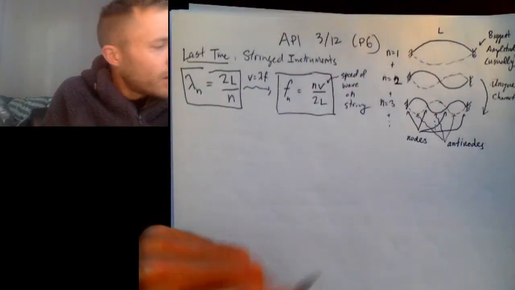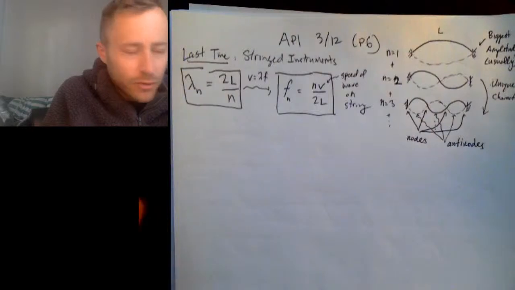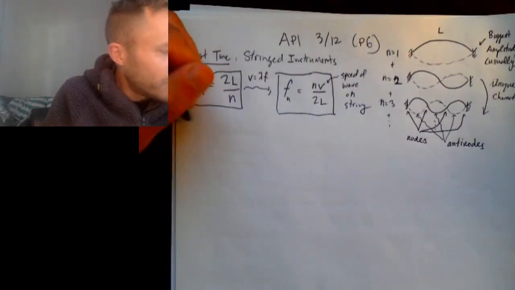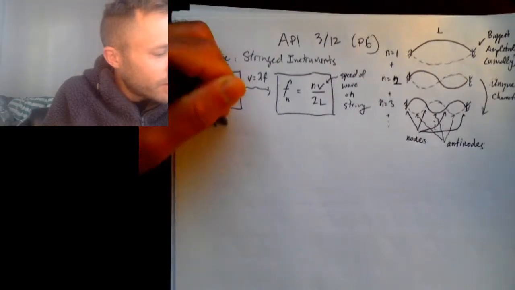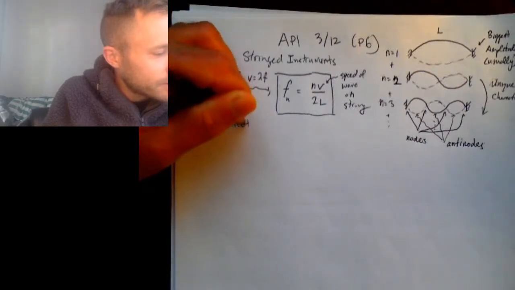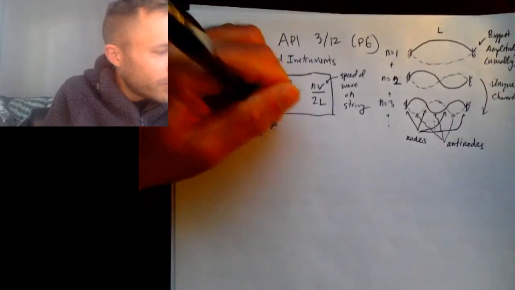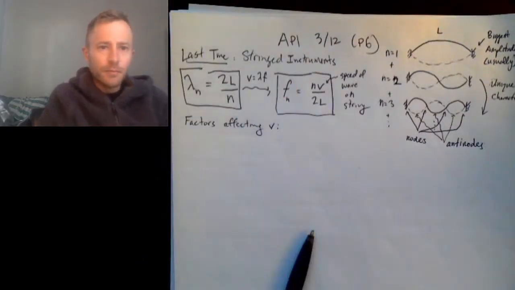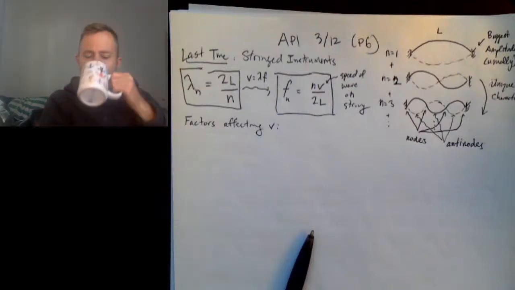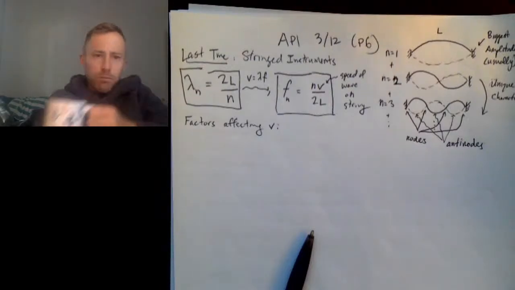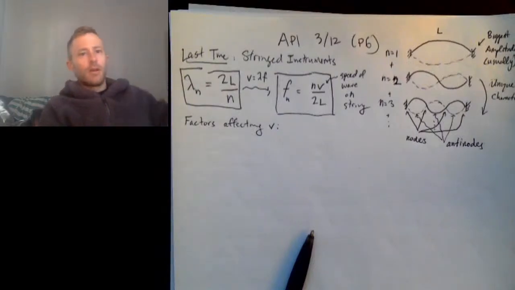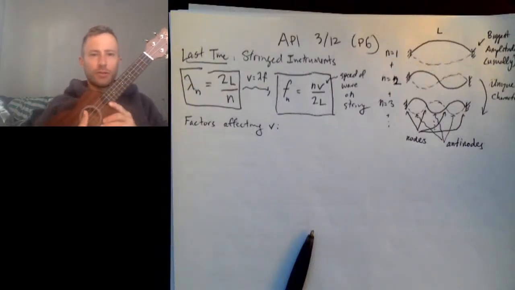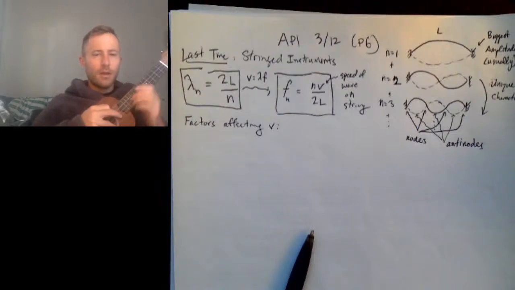There are a lot of factors that affect the speed of a wave on the string. So, factors affecting the speed of a wave on the string. If I have my string, there are a couple of things that can affect the wave speed.